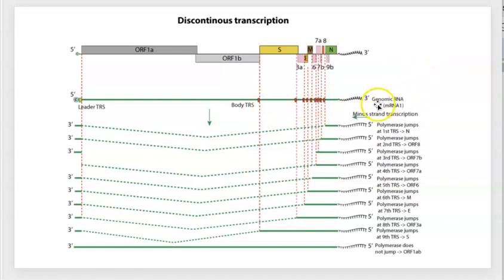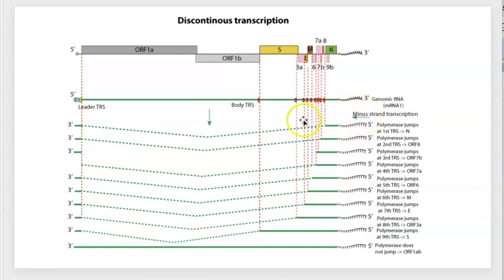And so the polymerase would touch down here and essentially read this into minus RNA transcription. So we'd go from a plus RNA genome, which is then transcribed into a minus strand.